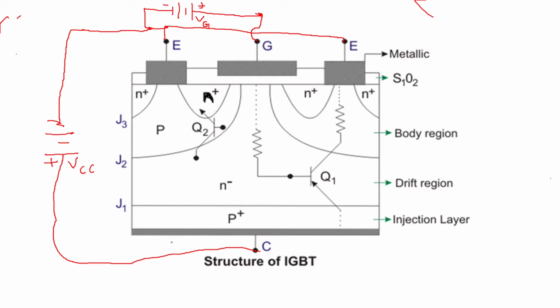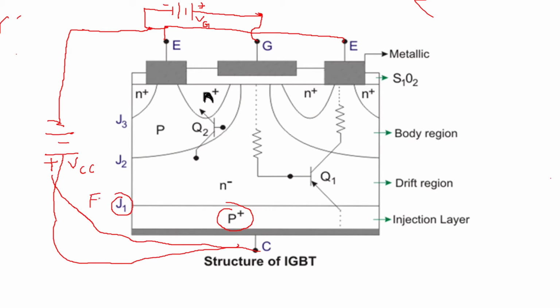Now with this connection, the collector is given to the positive terminal. You are giving positive to the collector, which is connected to the P plus region, and the negative is connected to the N minus region. That means junction J1 will be forward biased.